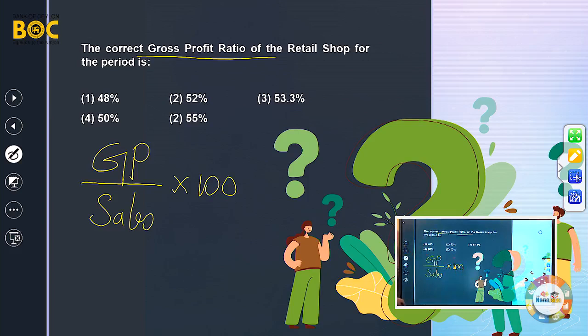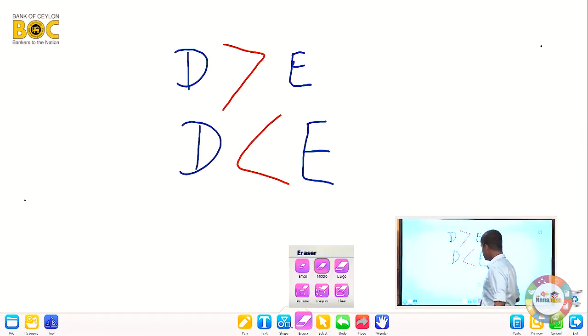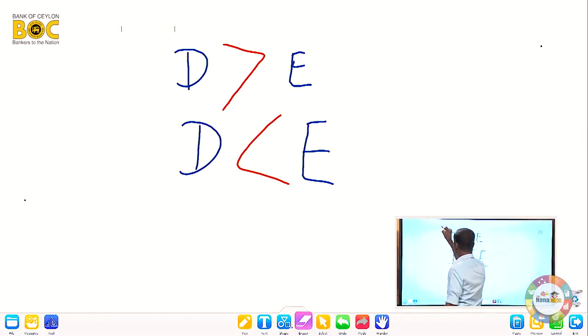Gross profit ratio, how do you calculate? Gross profit over sales into 100. We will calculate now, and using the information given, you can calculate.